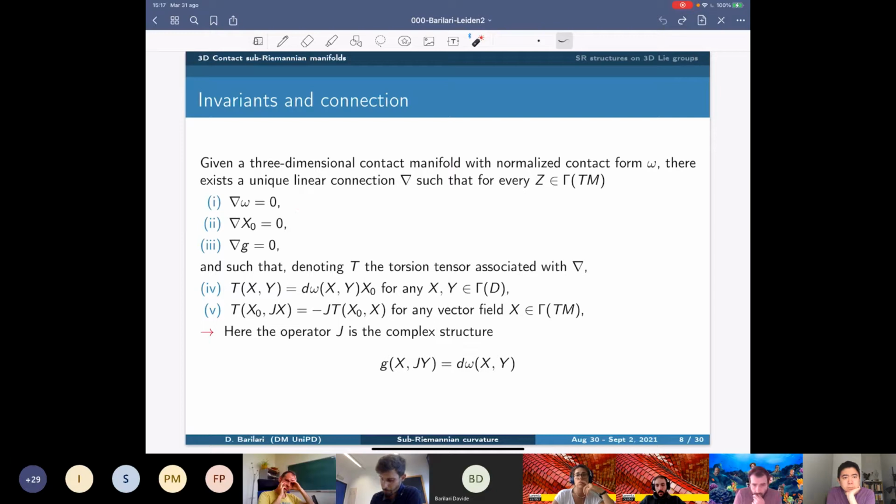And if we denote by T the torsion tensor associated with this connection ∇, then we have this relation here, number 4, saying the torsion of two horizontal vector fields is along the Reeb vector field, and the coefficient is given by dω(X,Y). And we have also this compatibility between the torsion and the almost complex structure given by J, defined in this way.